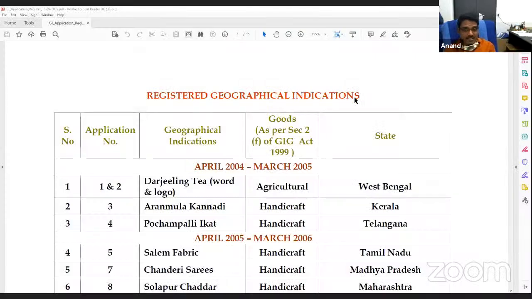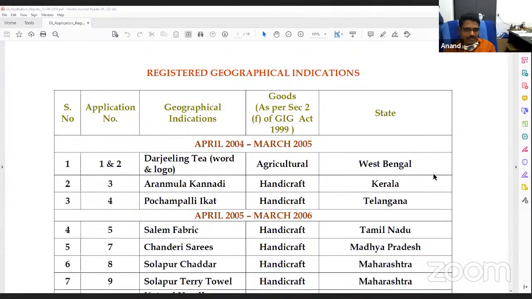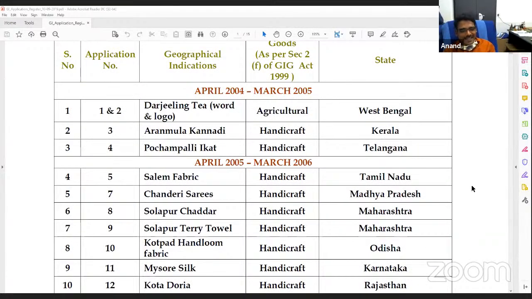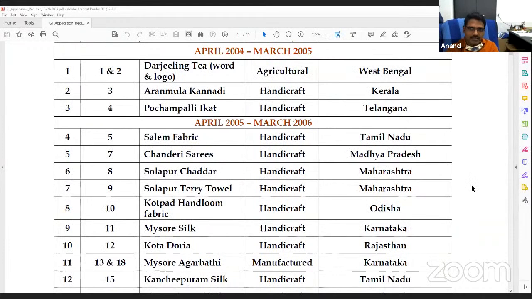Then there is also one, just briefly, I'll quickly show you: registered geographical indications. You have a list which is continuously being populated with newer and newer GI tags added. For instance, I'll quickly show you how we can look for a tag. For example, the Rasgulla. It is a very interesting and funny thing, but also there is nothing funny about it. We have to be very sure about protecting the rights.